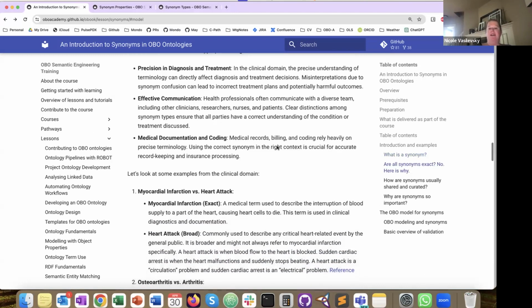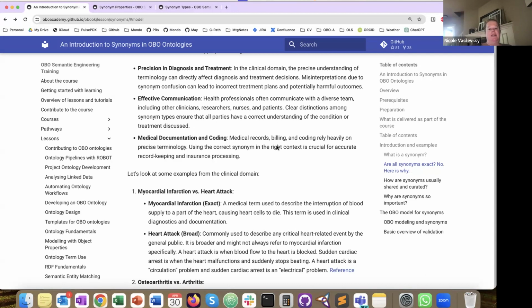So some examples of why we need to be sure that we're scoping the synonyms correctly are described here below. So again, in the clinical domain, this is very important for correct diagnoses and treatment decisions.